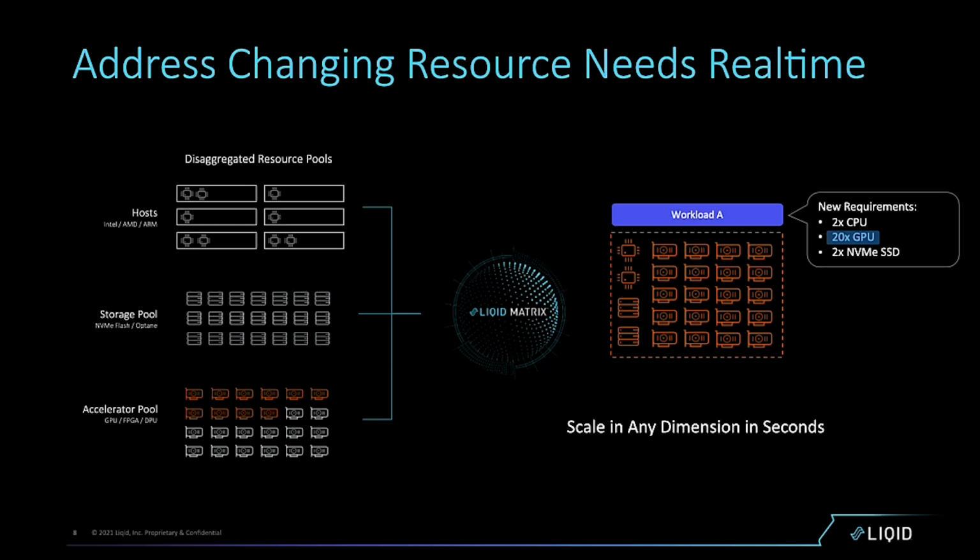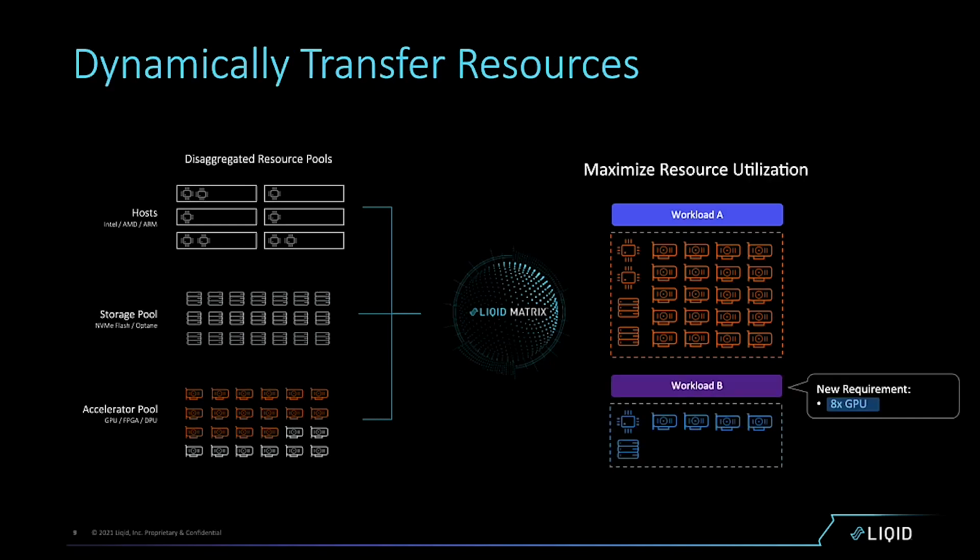Now, in the next example, and this is pretty cool, what if I have workload B? I go ahead and stand that up, or maybe it's an existing server that even predates my implementation of Liquid. Well, that workload has 4 GPU today. It actually has an 8 GPU requirement. Where am I going to grab those from? Well, I can either pull them from the free pool, or if I look at workload A, I see workload A no longer needs all the GPUs that I originally provisioned or composed to it.